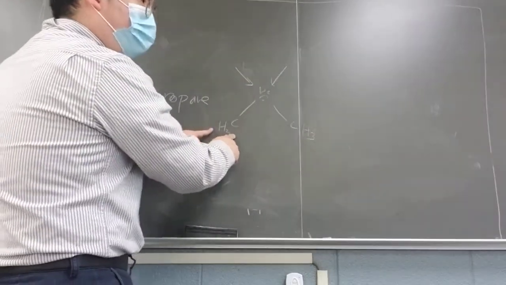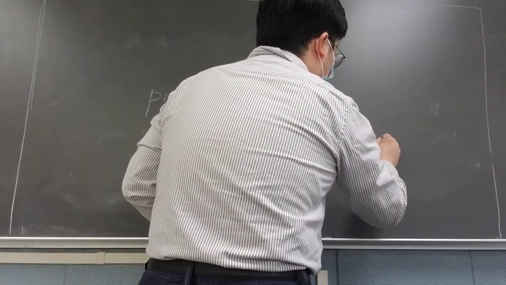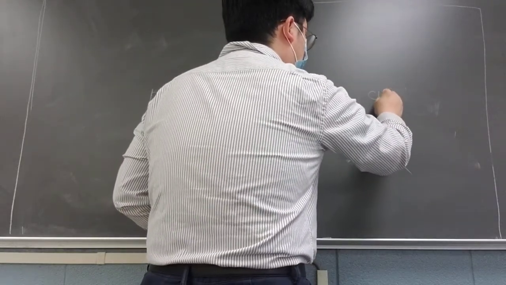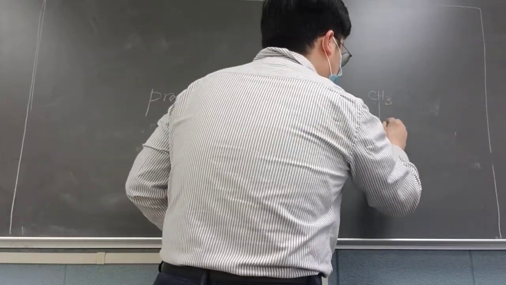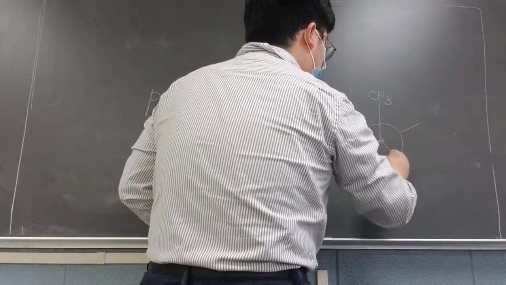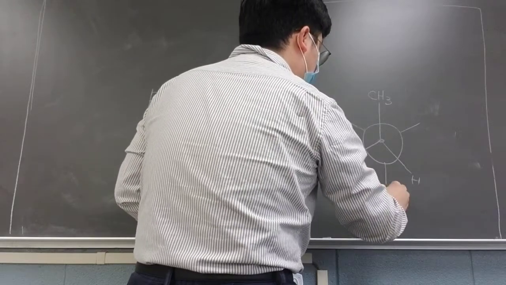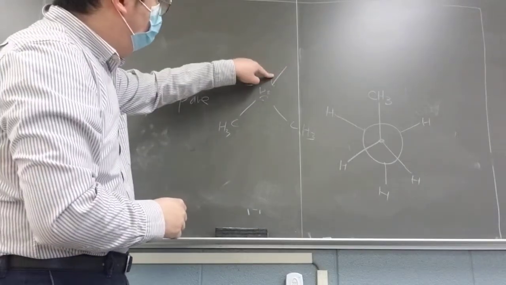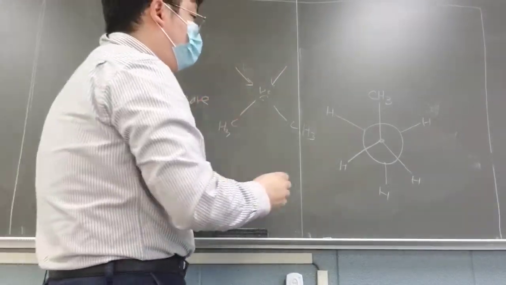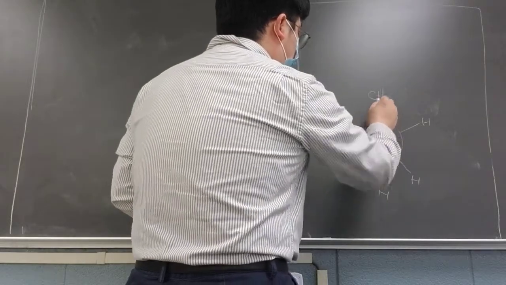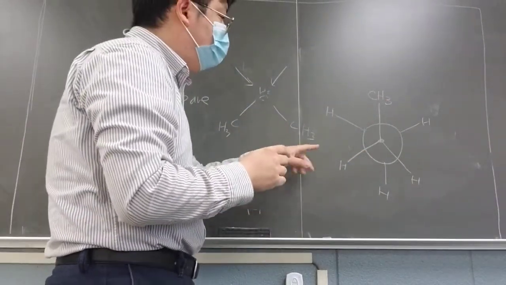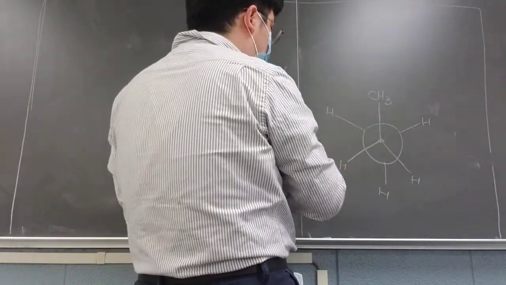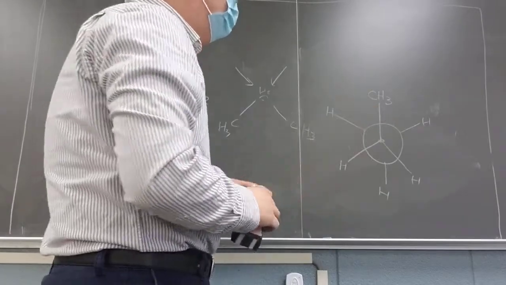The other one will have only 3 hydrogens. So this is on the back, this is in front. You're looking at it from here or here, it doesn't matter. You can also say this one is the staggered conformation, right? Because it's nicely evenly spread out with uniform bond angles to each other.